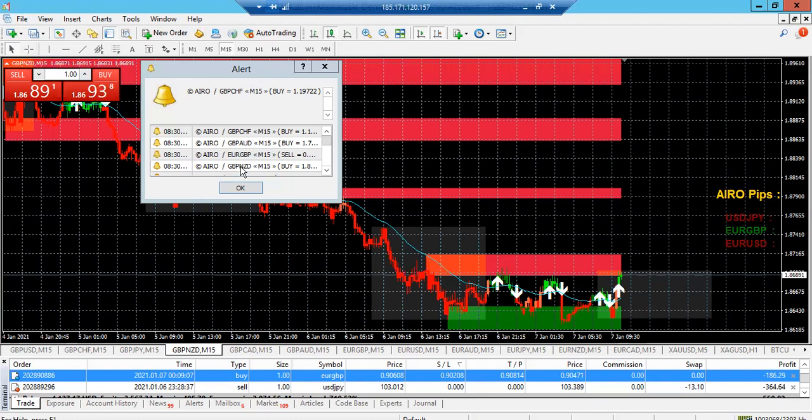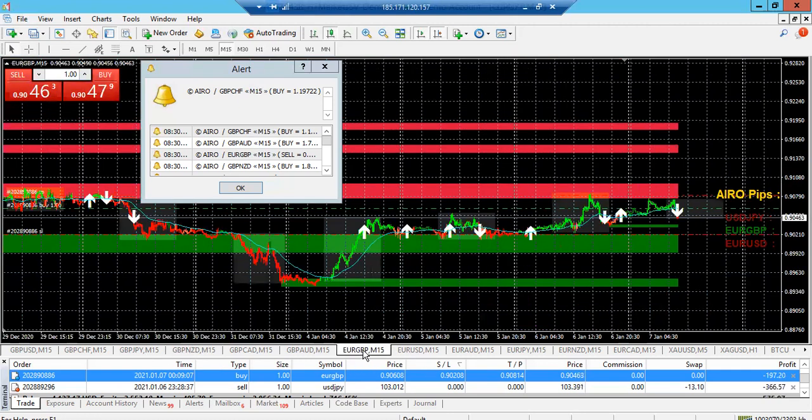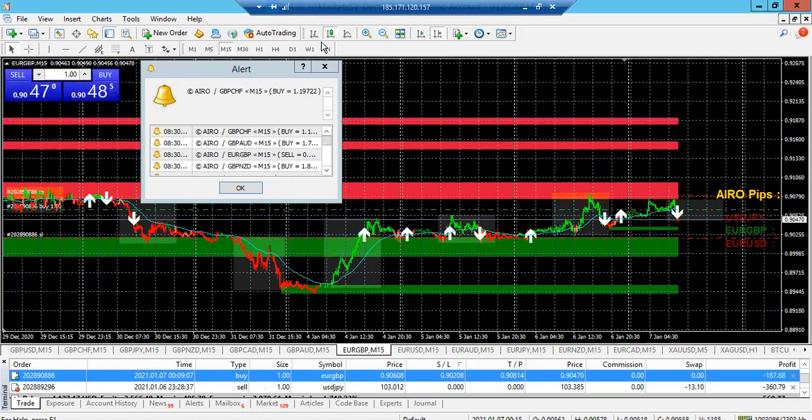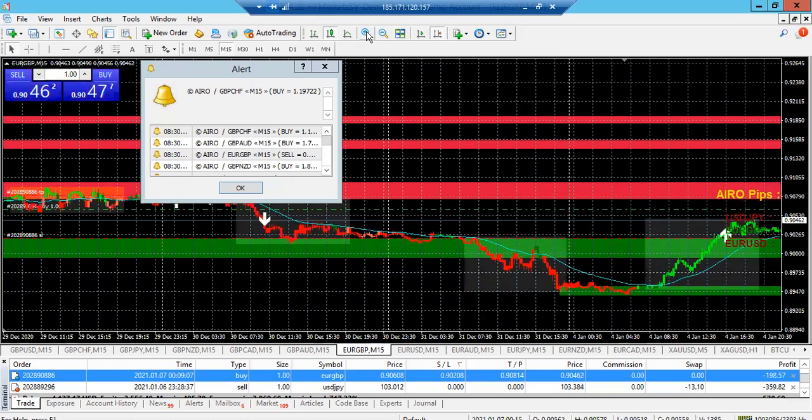Then after that, we move down to Euro GBP. That's the next trading opportunity we have there. So on Euro GBP, what am I seeing? We have one, two, three red boxes and one, two, three green boxes. So let me zoom in so we can analyze.